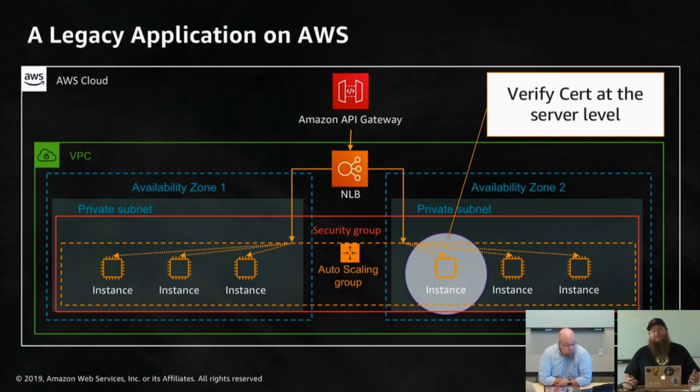But if you're running an application that doesn't have the same compliance concerns, you can even consider not doing TLS at all once you're going through the API Gateway to the NLB over the VPC, because that is already a protected channel. But obviously, apply whatever level of security and scrutiny your compliance regimes and your company require.